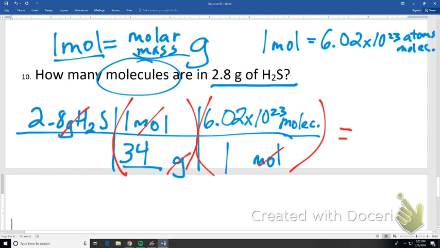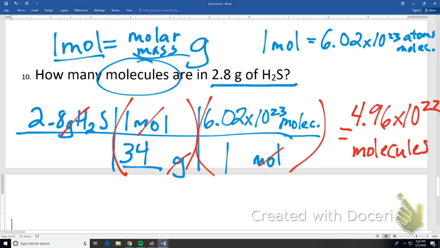And I get, you have to look at the entire calculator because it says 4.957647059 E22. Make sure there's an E on there because we're solving for molecules. There should be a lot. So let's round it. 4.96, look for the E, times 10 to the 22. And then our unit left is molecules. Ta-da! That's our final answer.